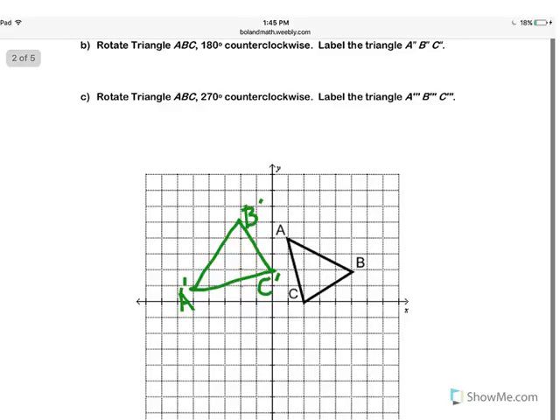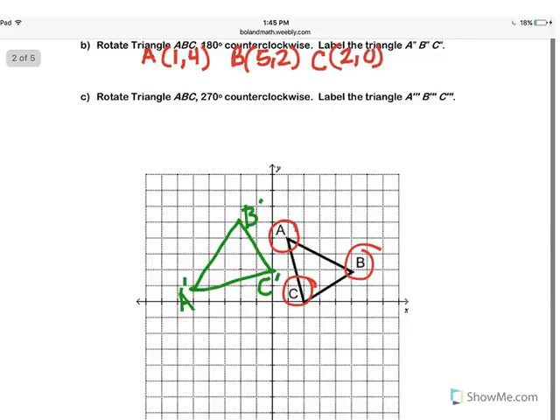Okay, now we have to go and rotate the original triangle, which had the coordinates for A, B, and C. So we know that A was 1, 4, B was 5, 2, and C was 2, 0.